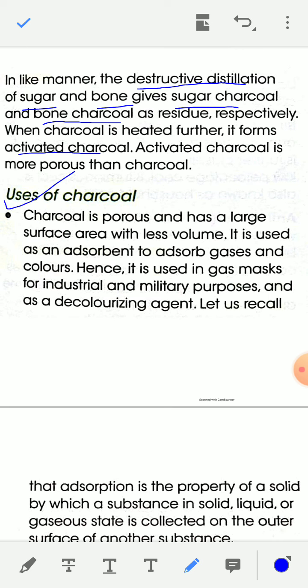Charcoal is porous and has a large surface area with less volume, and it is used as an adsorbent to absorb gases and colors. Hence it is used in gas masks for industrial and military purposes.